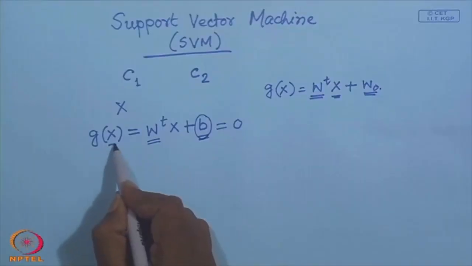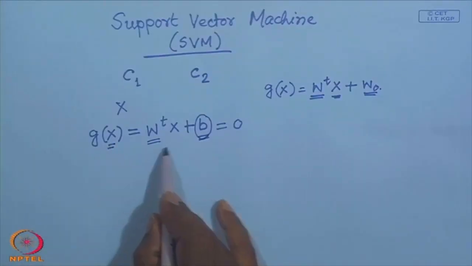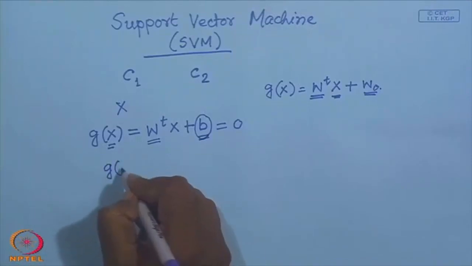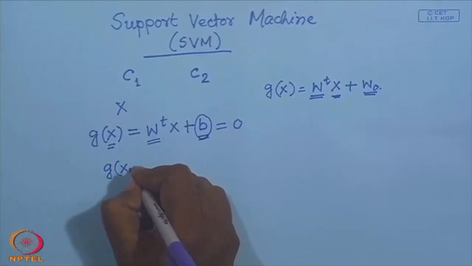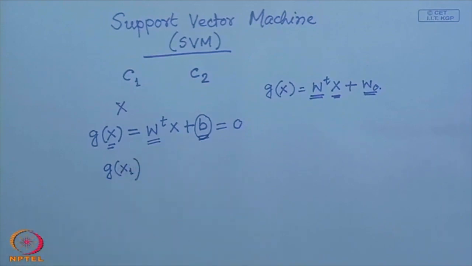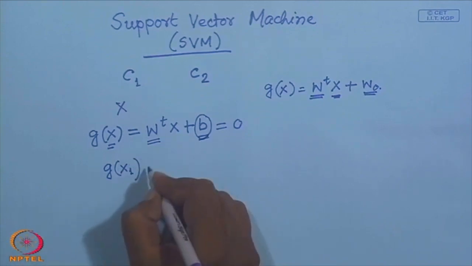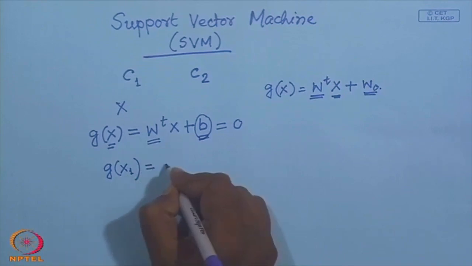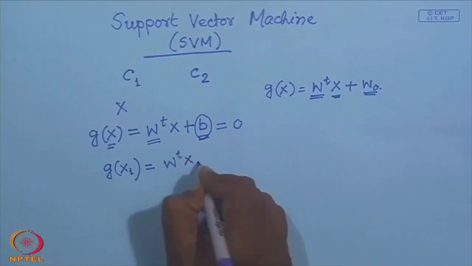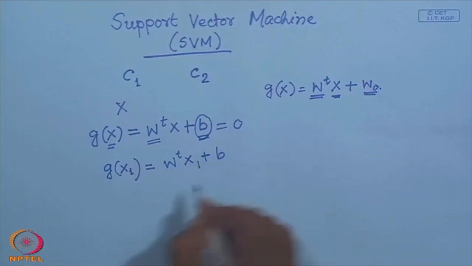Now, coming to our classification problem, for every feature vector x, I have to compute this linear function w transpose x plus b. Let us take a specific vector, say x 1, the first vector, for which g x 1 equals w transpose x 1 plus b.